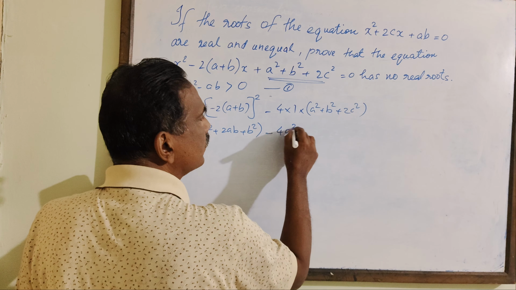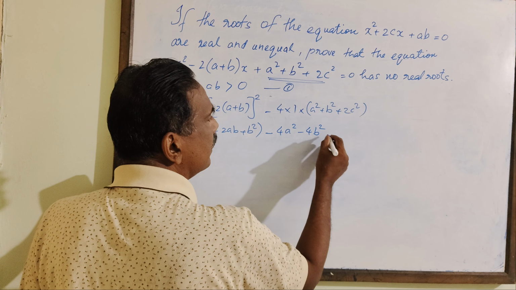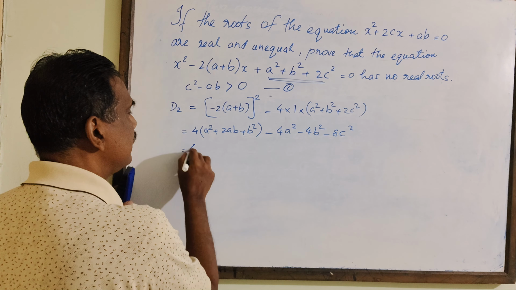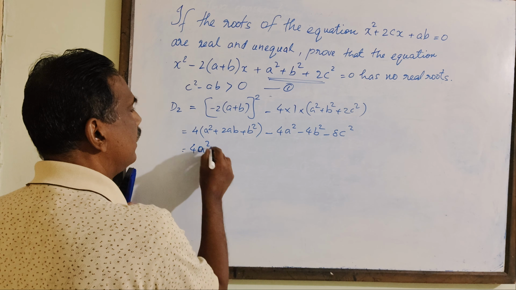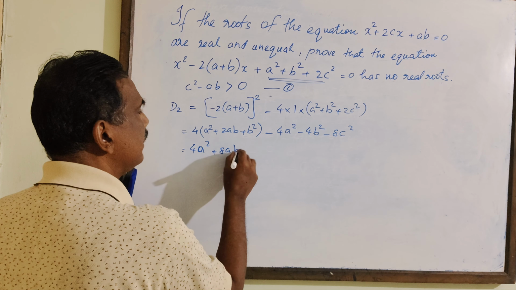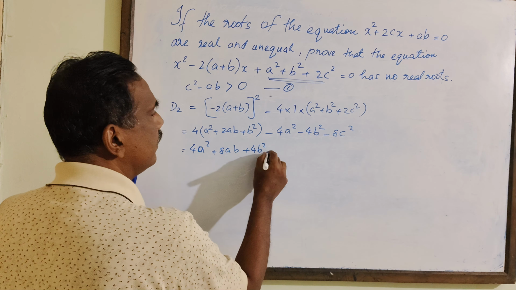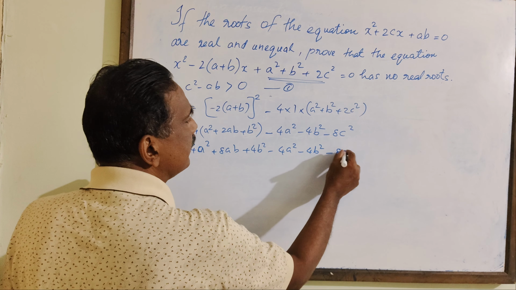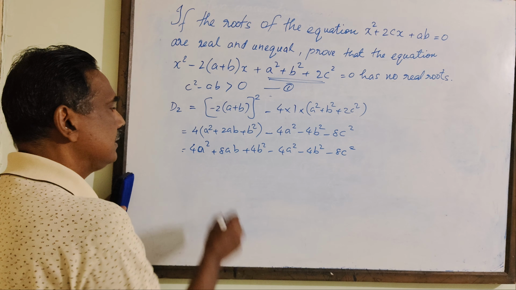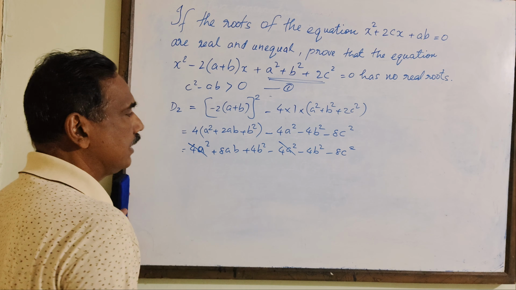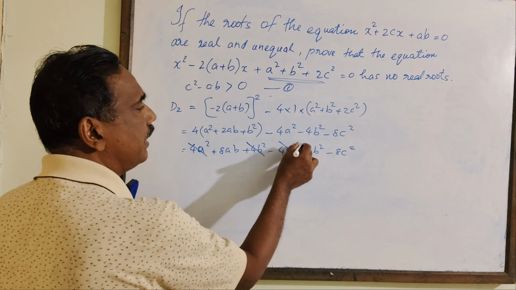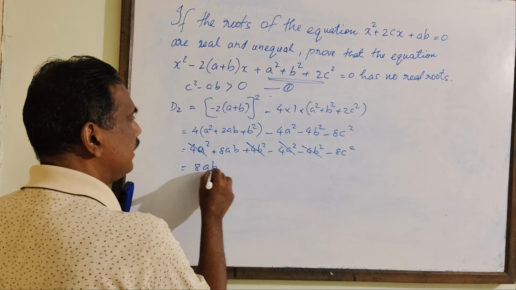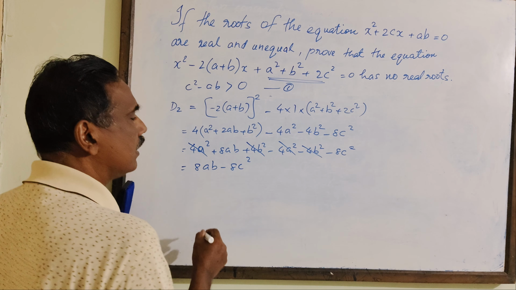Opening, you get 4a square plus 8ab plus 4b square minus 4a square minus 4b square minus 8c square. You can see 4a square minus 4a square cancels, 4b square minus 4b square cancels. So you get 8ab minus 8c square.